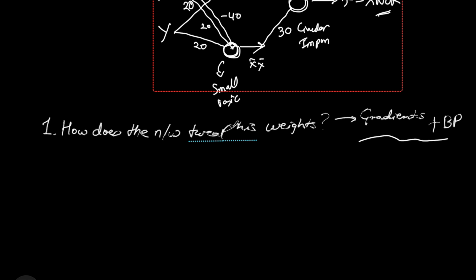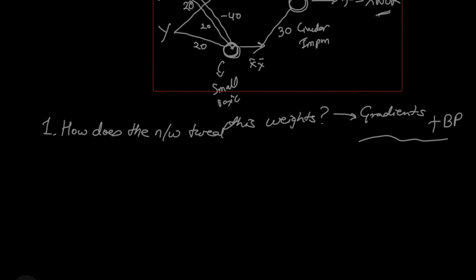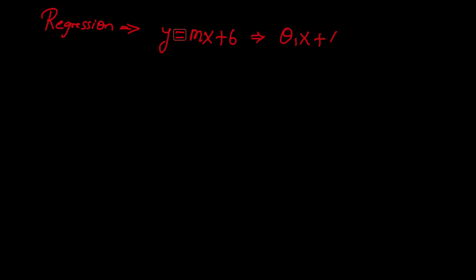We have already defined the regression problem. In regression, we have some set of points and we define one line that best resembles those points. In two dimensions, the regression is simply a line mx plus b, or in other terms I can write it as y equals theta 1 x plus theta naught.